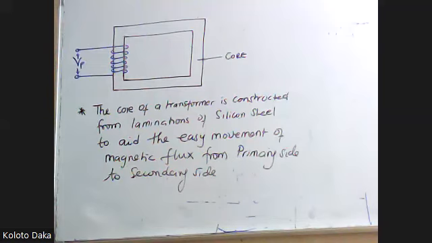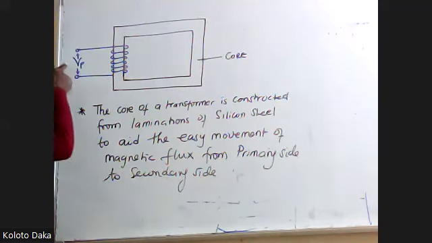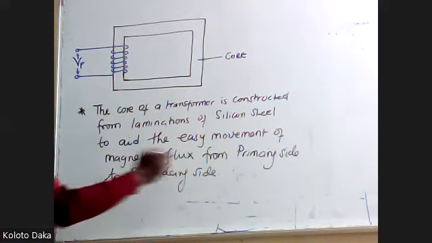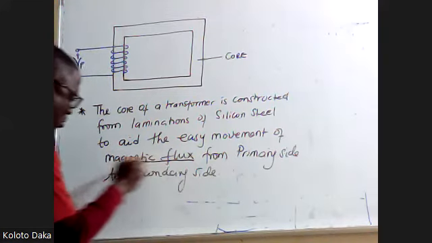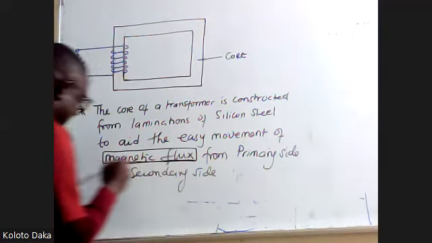We proceed. So now, after I have supplied the current, you have supplied the voltage here, what is going to happen? Where does this magnetic flux come from? How does it start?